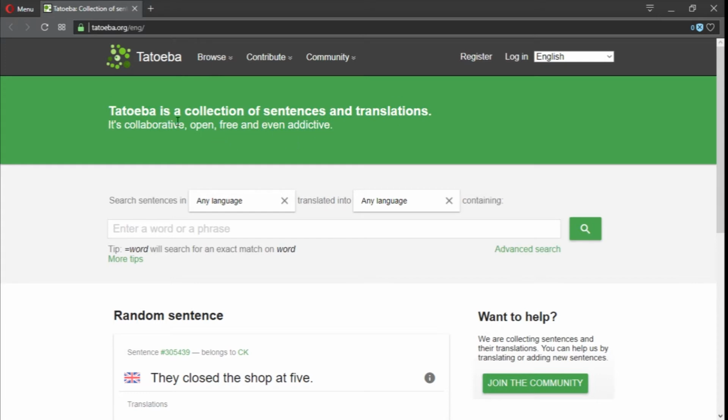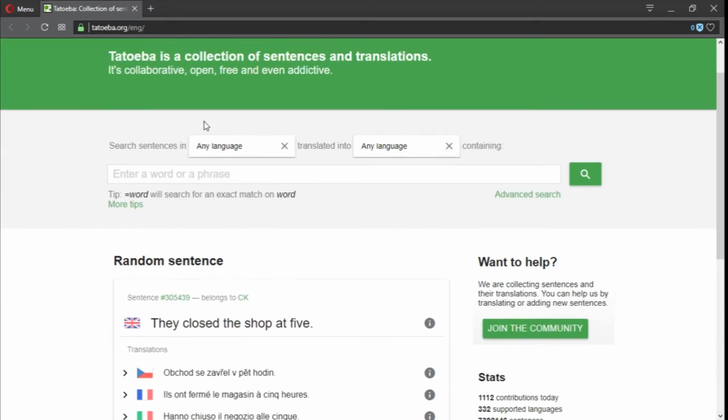But anyway, this project is quite old. I discovered it a few months ago when I was searching for corpus, or corpora, it's a weird word, for machine translation, and it's a very interesting site.